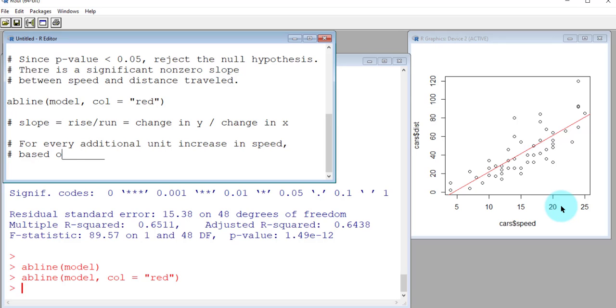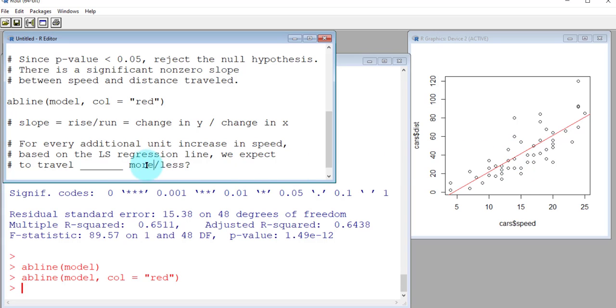And that's, of course, based on the least squares regression line. So for every additional unit increase in speed based on the regression line, we expect to travel how much more or less? Well, every 1 unit increase, how much more?